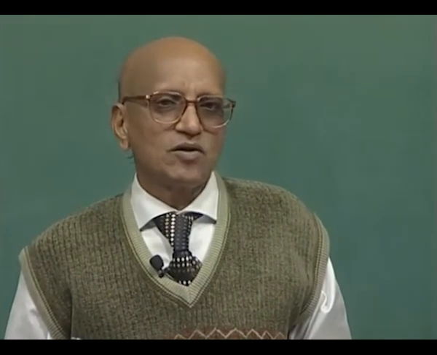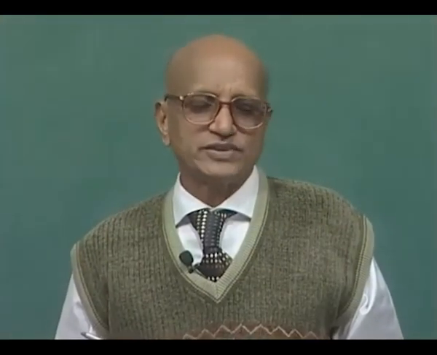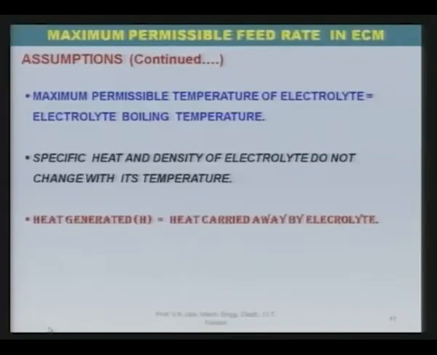At such a large scale of temperature variation, the specific heat of the electrolyte is going to change, and to some small extent the density of the electrolyte may also change, but for the present development of the equation for maximum permissible feed rate, both these changes are neglected. So, we are going with the assumption that heat generated due to ohmic heating is equal to heat carried away by the electrolyte.